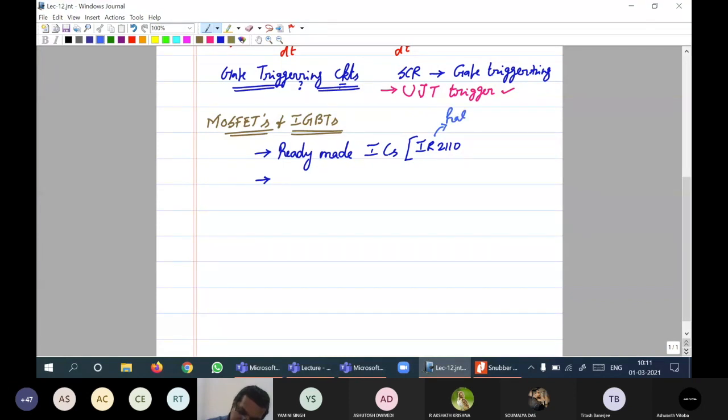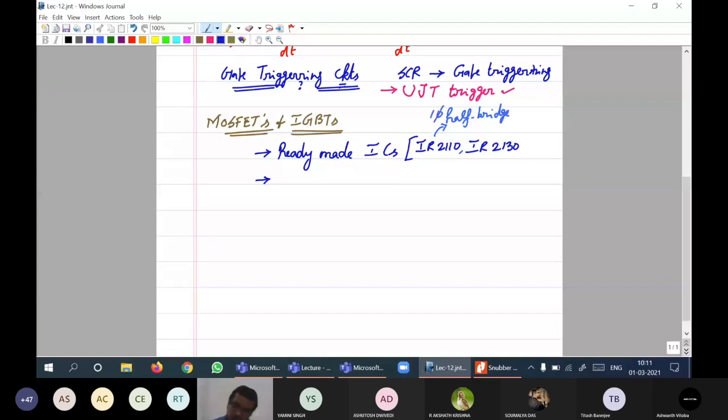configuration. Similarly, yes, that is another version. IR 2130 is for three phase. Single phase, sorry, let me be clear. IR 2110 is for single phase half bridge.